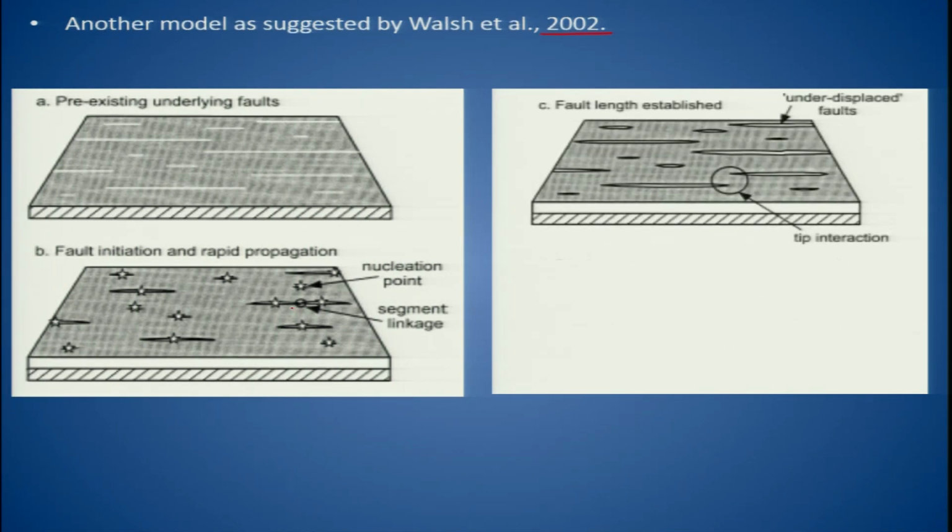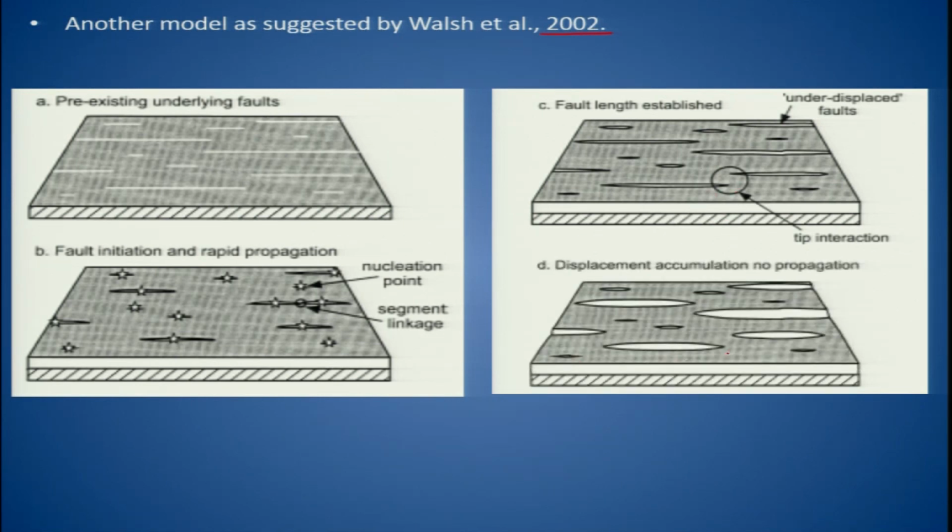That is how we see the formation of a larger fold range, because of the linkage of smaller segments, as shown here. Slowly the tips will interact, and then you will have larger folds developed.